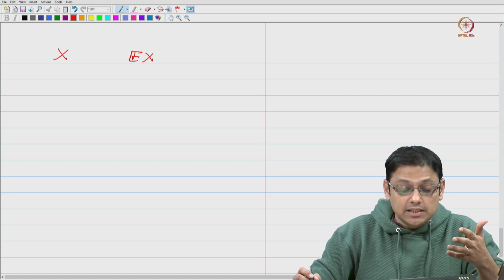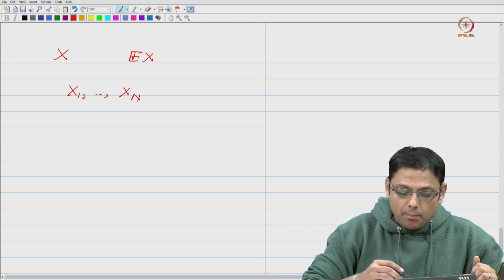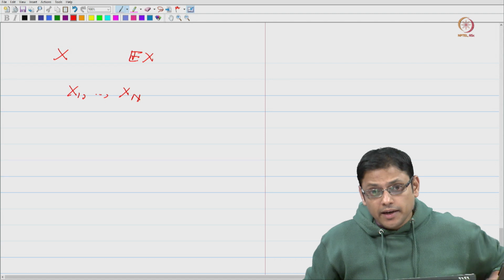Instead, we have access to samples of x, and let us denote these samples by x1, x2, all the way up to xn.